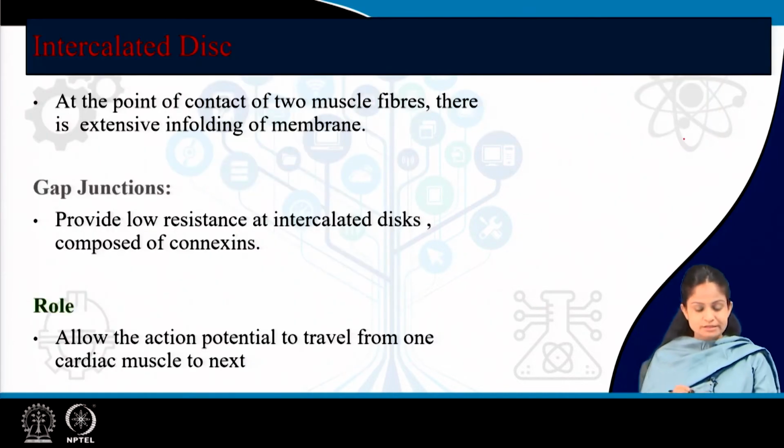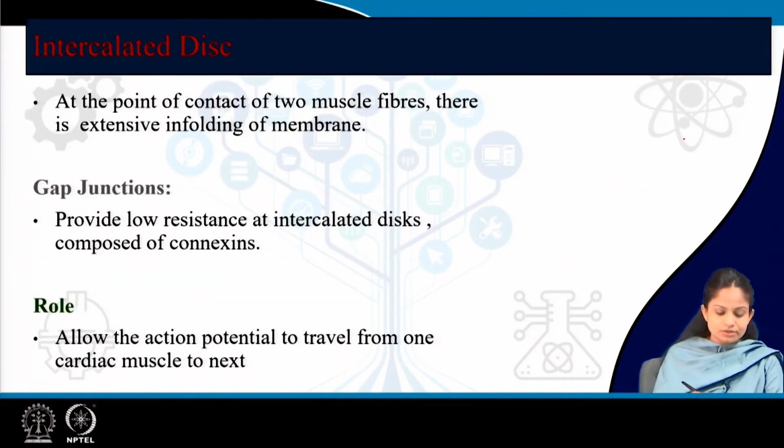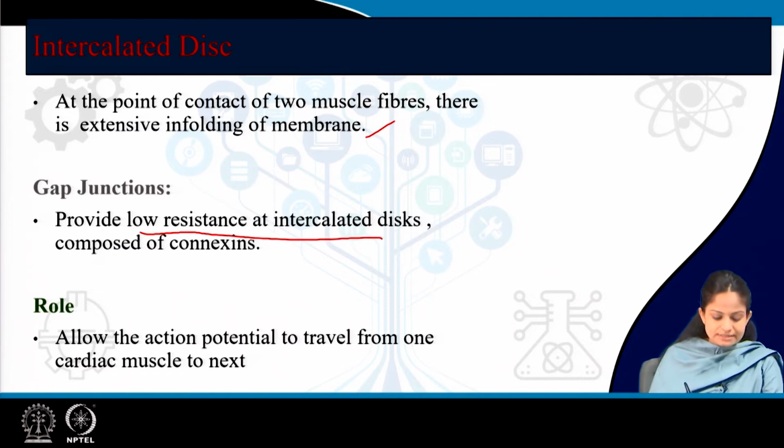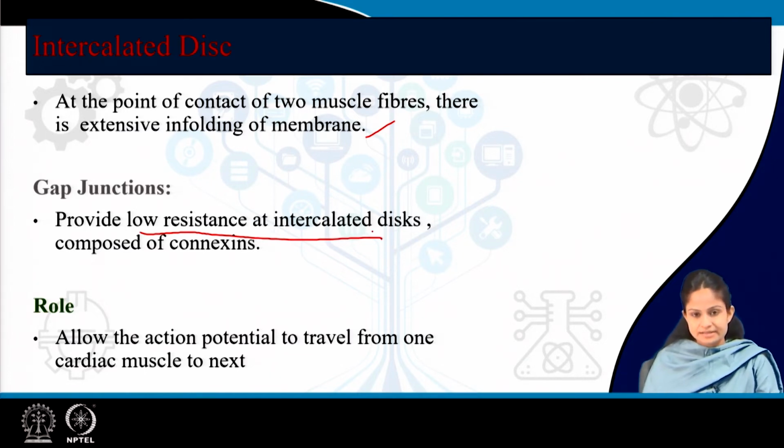Now, at this point the intercalated disc, as I told you, is an extensive enfolding of the membrane, and the gap junctions which provide the electrical syncytium provide low resistance at the intercalated disc.